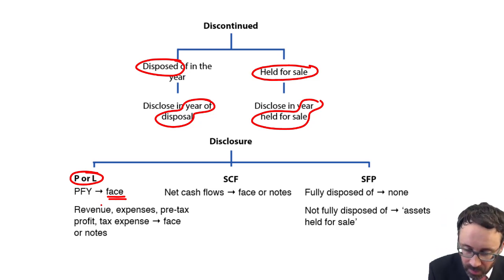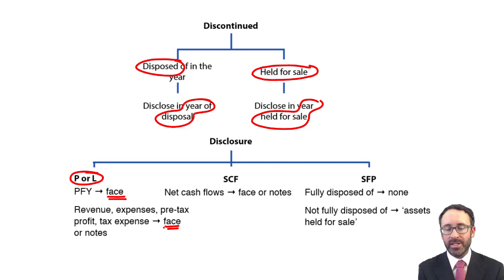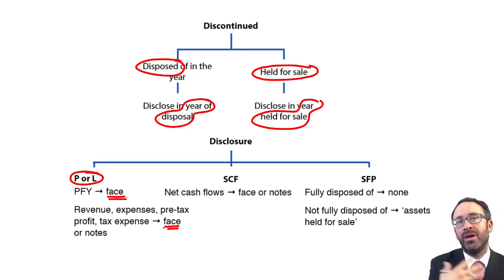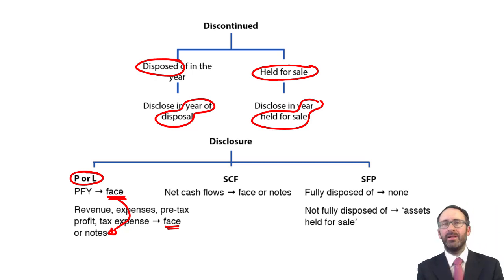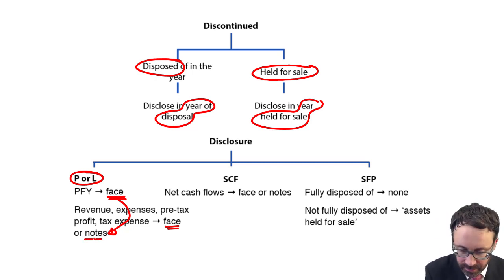Or alternatively, you can put all the detail of your revenue and expenses within the face, but it just looks a bit cumbersome. So maybe just put the profit for the year on the face, and then put the detail within the notes to the accounts.